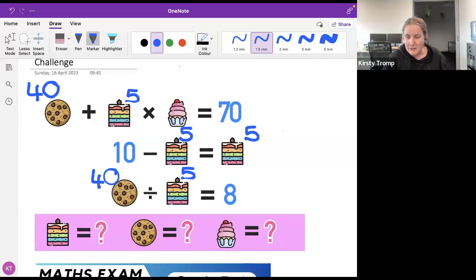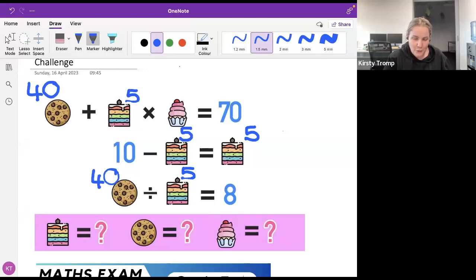Good. Well done. So now I've got 40 plus 5 times a cupcake equals 70. Okay. So let's finish them off. Could I go up to the top here and say to myself, 40 plus something times a cupcake equals 70.